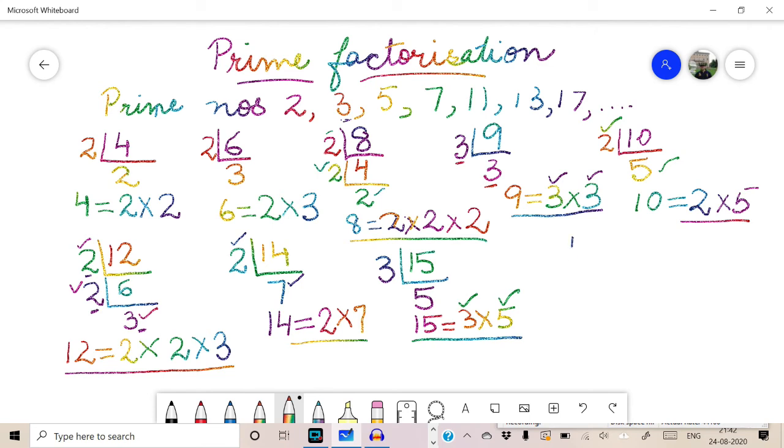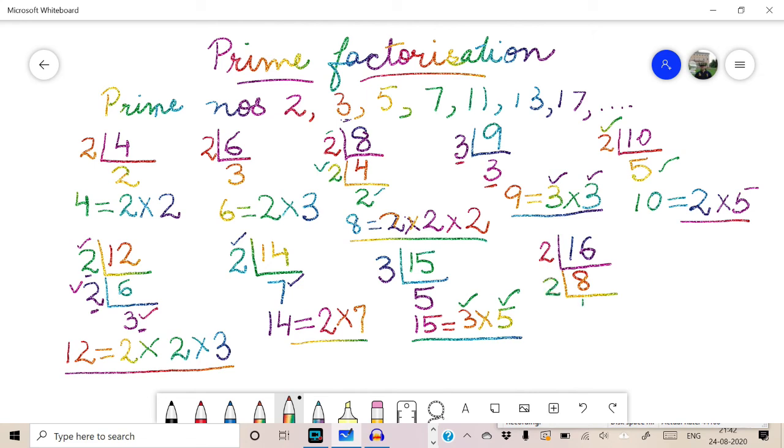The next composite number is 16. Now we will divide it by the smallest prime number with which it can be divided completely. That is 2. 2 8s are 16. Now 8 is a composite number. So again we will divide 8 by a prime number with which it can be fully divided.